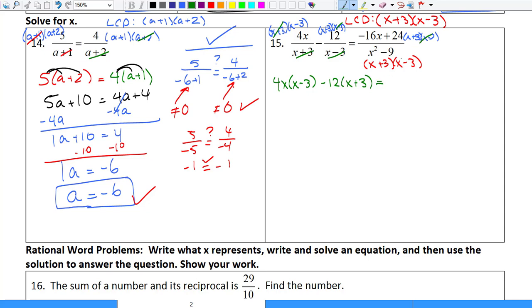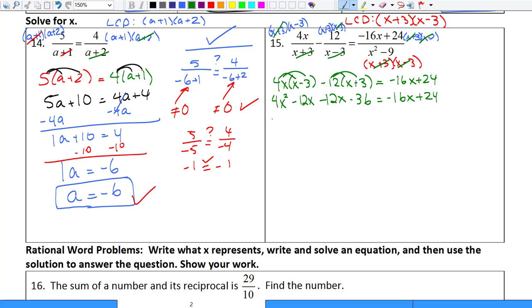On the third fraction, both the x minus 3 and the x plus 3 divide out and you're just left with negative 16x plus 24. So now I can distribute this and get 4x squared minus 12x, minus 12x again, minus 36 equals negative 16x plus 24.